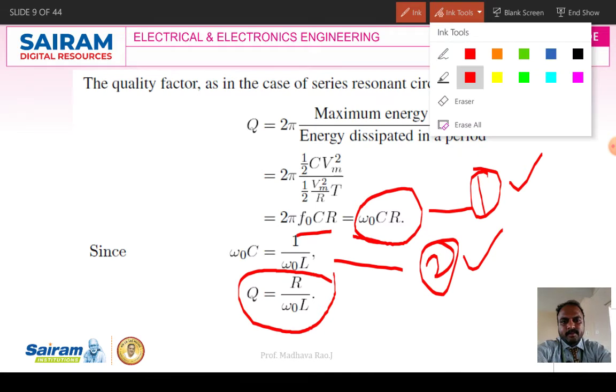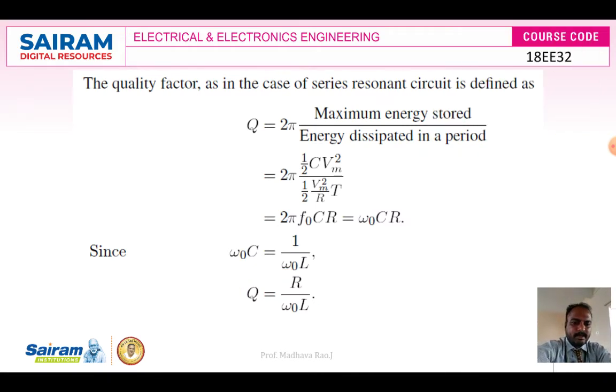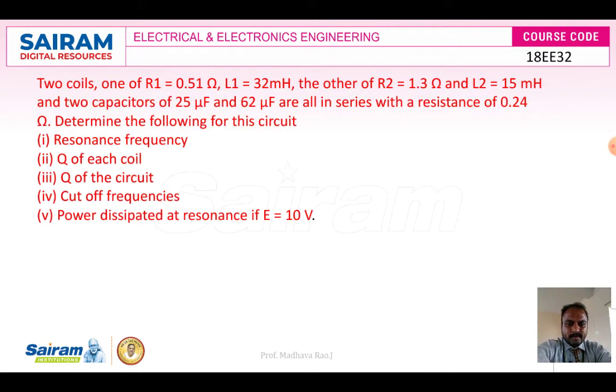Now, based on quality factor, bandwidth and resonance frequency, we will discuss one problem here. Problem: two coils, one of R1 equal to 0.51 ohm and L1 equal to 32 millihenries, the other of R2 equal to 1.3 ohm and L2 equal to 115 millihenries, and two capacitors of 25 microfarad and 62 microfarad are all in series with a resistance of 0.24 ohm.